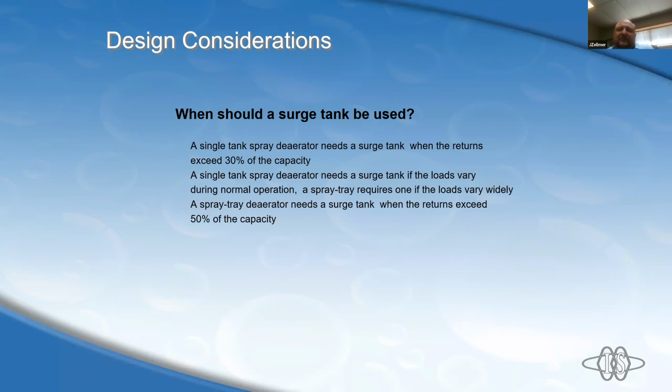What we want to see is that we're blending our makeup and our condensate together so that we're sending a consistent blended temperature over to the deaerators. This allows them to work at the maximum capacity that they're designed for, and gives them the best mode of operation. So that's where you'll see us start putting a surge tank in place.